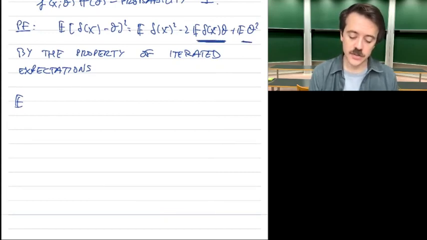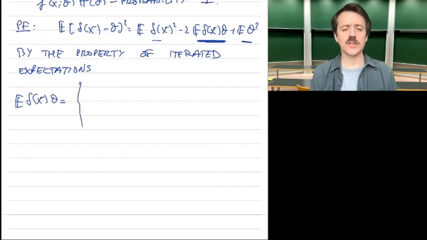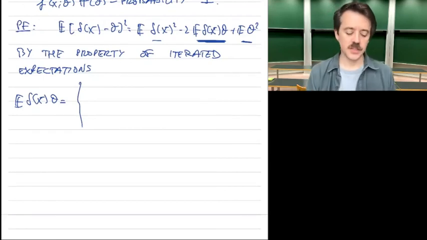The other guys are just simple, but that guy, the middle term, can be written in two ways using this property of iterated expectations. So what is this?